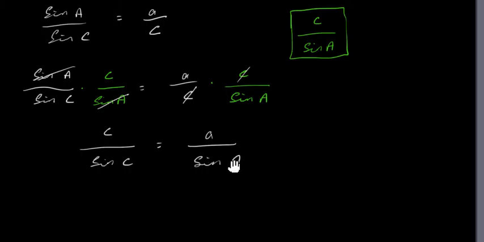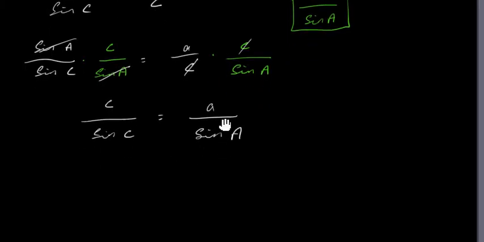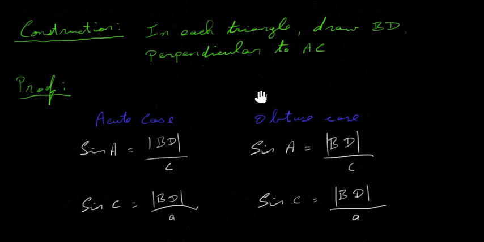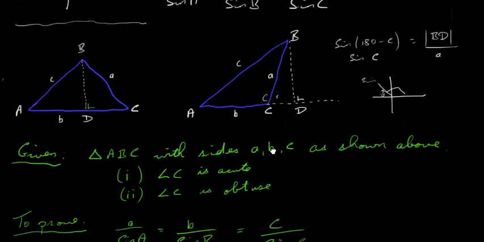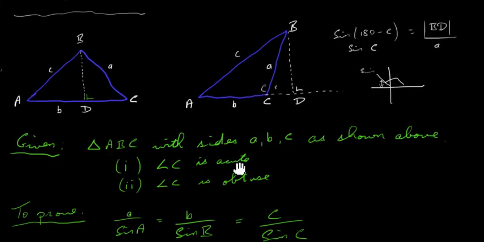Now, in a similar manner, what we could do is draw a perpendicular. If I go back up here to our two triangles, we could draw a perpendicular from C to AB. So I could draw a perpendicular up along here, and I could draw a perpendicular from here up to here.